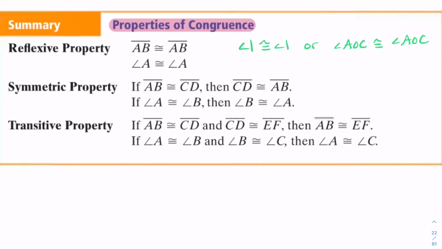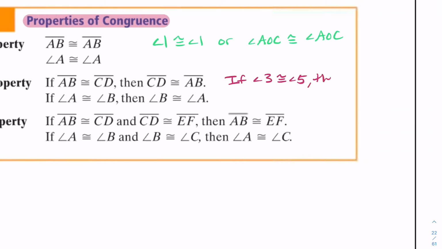Okay, sometimes you'll have, for this one, if angle 3 is congruent to angle 5, then angle 5 is congruent to angle 3.